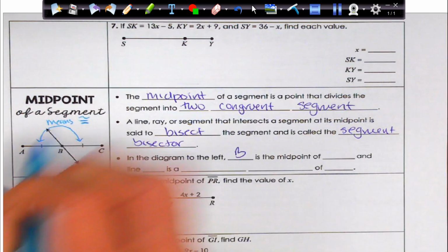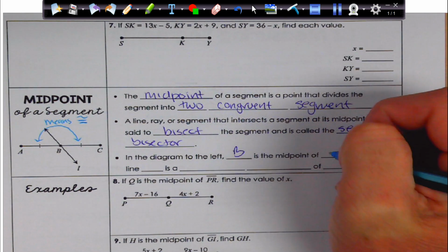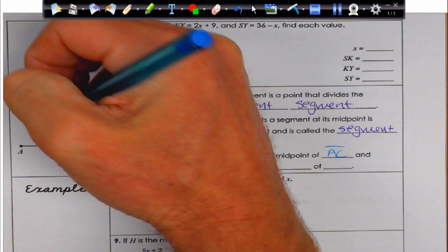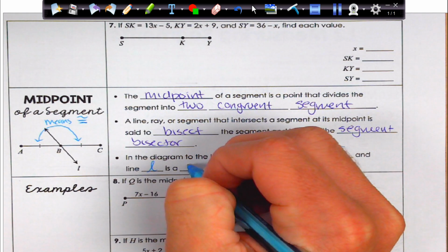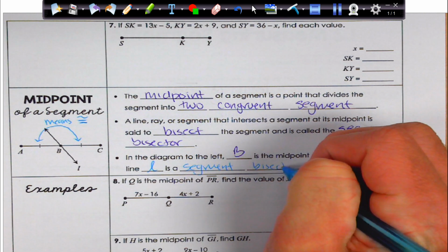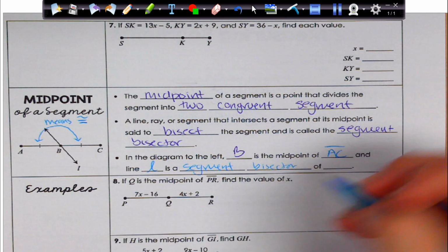So that means AB and BC are congruent to each other. So B is really bisecting our segment AC, and the line L, which is this line right here, we could call a segment bisector because that whole line is kind of bisecting AC.